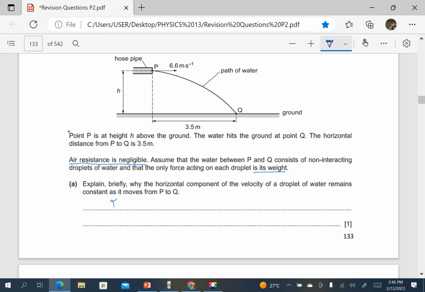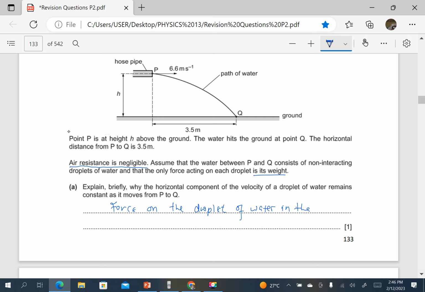So we simply say that the force on the droplet of water in the horizontal direction is zero, so the acceleration is zero. There is no acceleration in the horizontal.